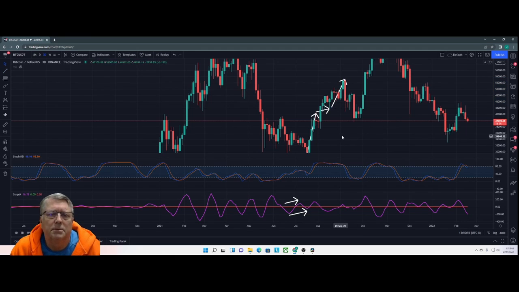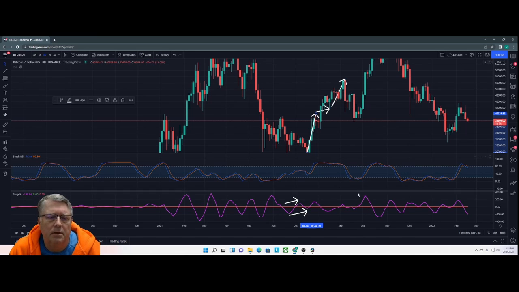So from the surge perspective, the Elliott wave, this was wave 1, this was wave 2, and this was wave 3. So the surge actually helped to define this Elliott wave in a way that's successful. It found that the top of the market was not this area here, but it was actually up here.